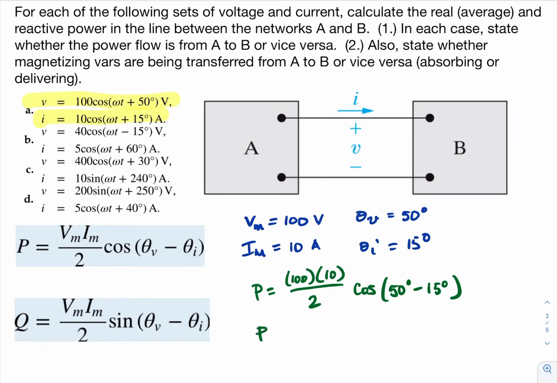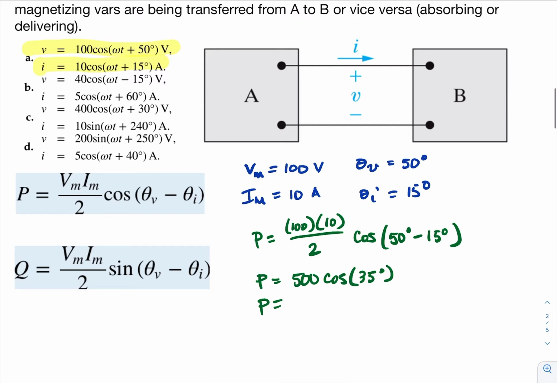So P is equal to 500 cosine 35 degrees, and P is equal to 409.5 watts. And this is positive.